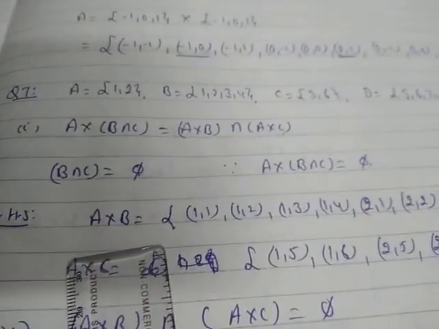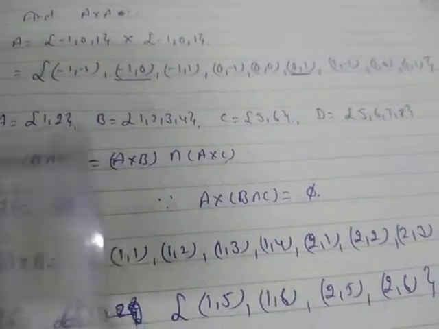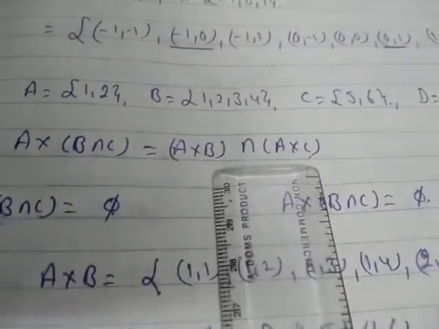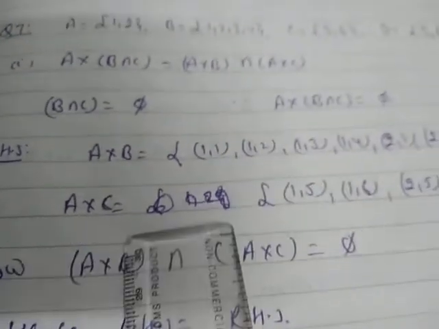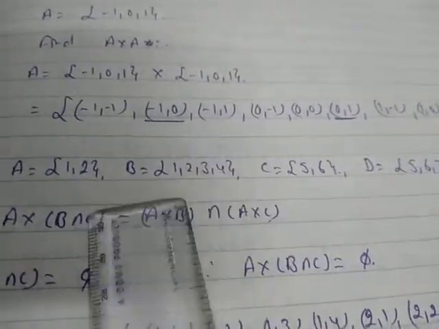Okay. Then A cross B for this one. A and B. So (1,1), (1,2), (1,3), (1,4), (2,1), (2,2), (2,3), (2,4). I have written here. Just see. And A cross C, that means A and C. So (1,5), (1,6), (2,5), (2,6).